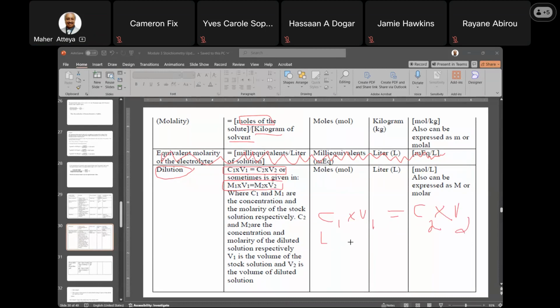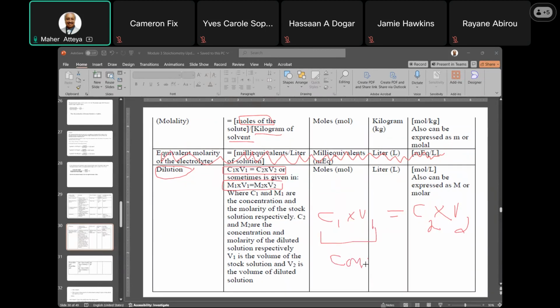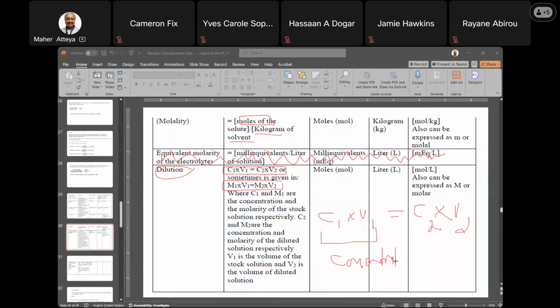So here it is concentrated, and here is called diluted.